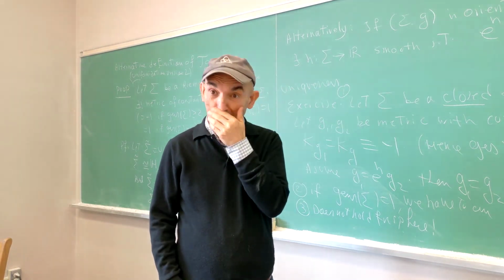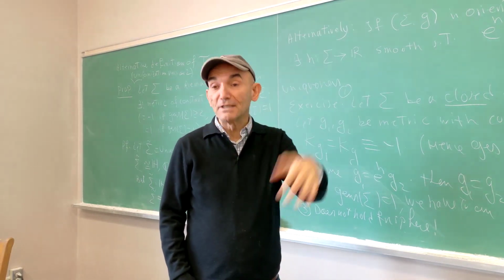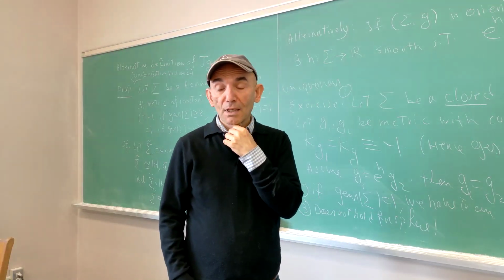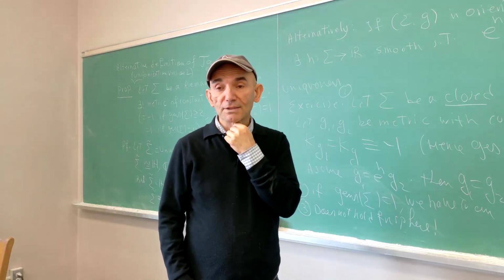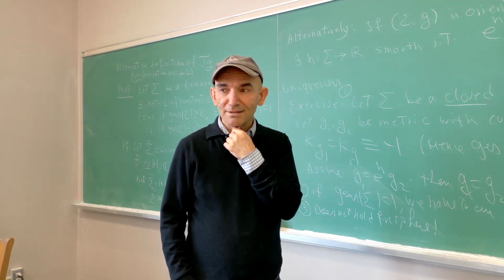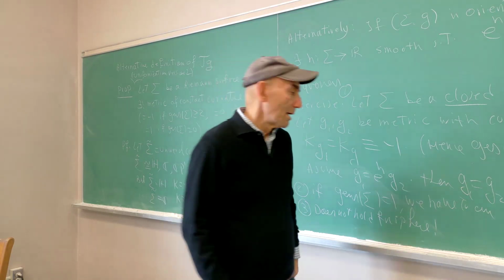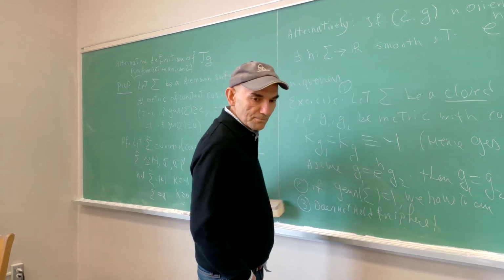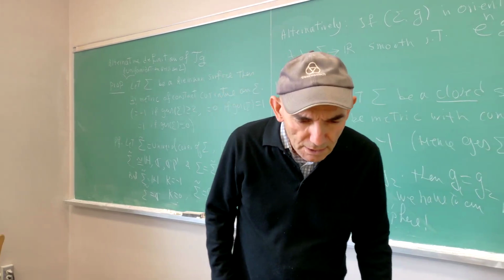And vice versa, if there is a metric of constant curvature, then that constant number has to be -1.